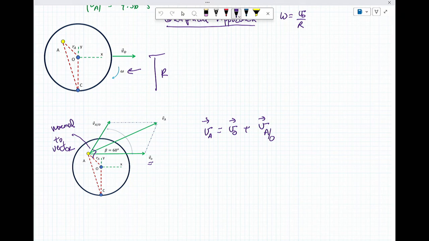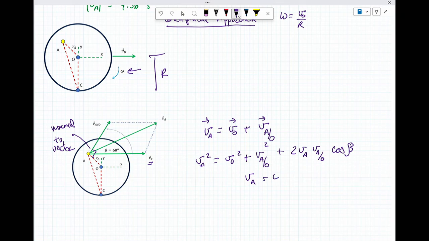And if I want the magnitude of V sub A, I'll end up with the same magnitude. So that works out really well.